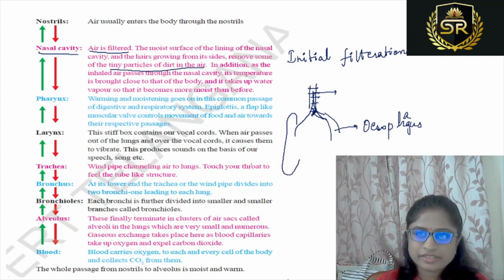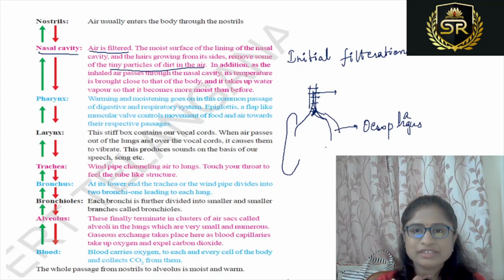Next, air enters the larynx. It is the stiff box that contains our vocal cords. When air passes out of the lungs and over the vocal cords, it causes them to vibrate, and thus it produces sounds based on our speech and song.